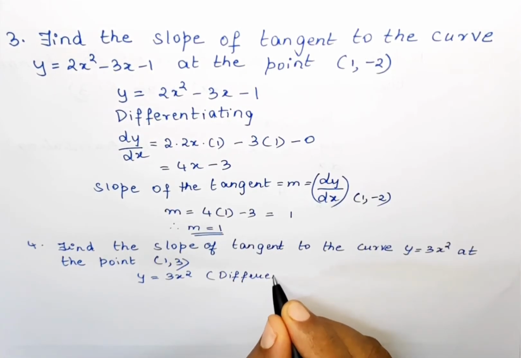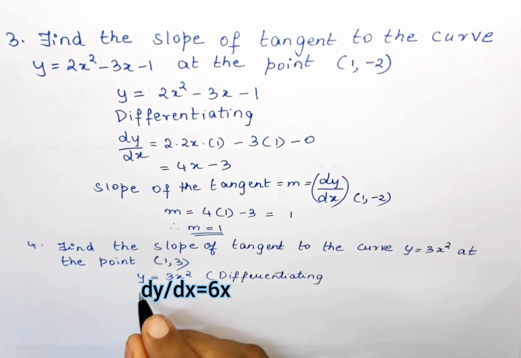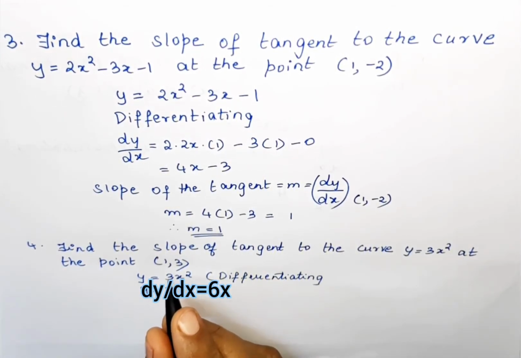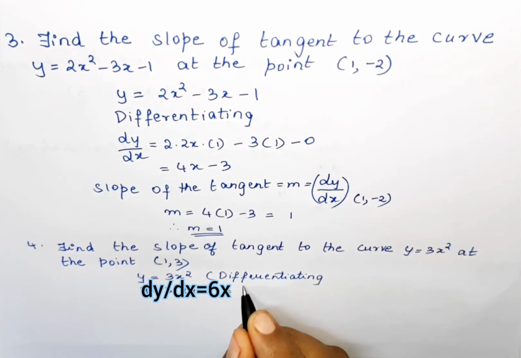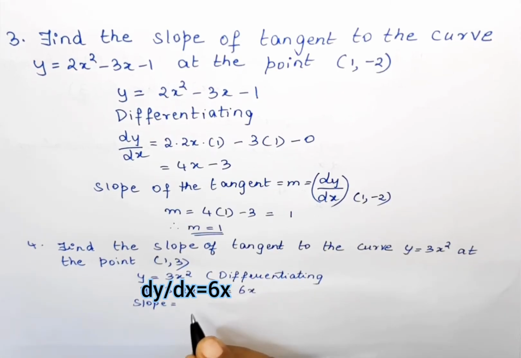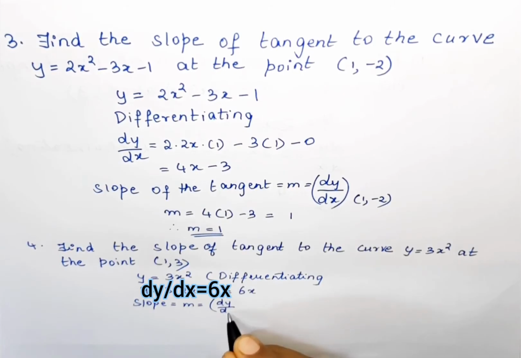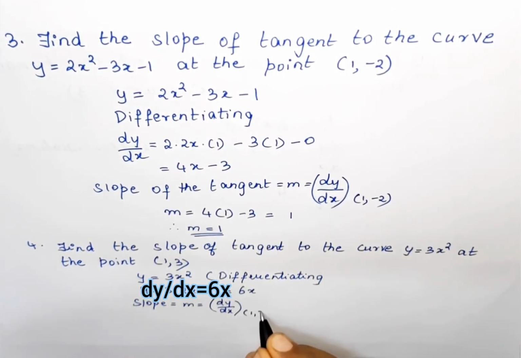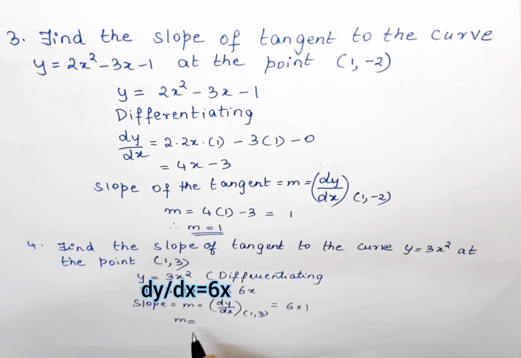So differentiating with respect to x both the sides, dy by dx is equal to 3 into 2, that is 6x, and we have to find m is equal to dy by dx at 1 comma 3. So this will become 6 into d by dx of x is 1. So m becomes 6.